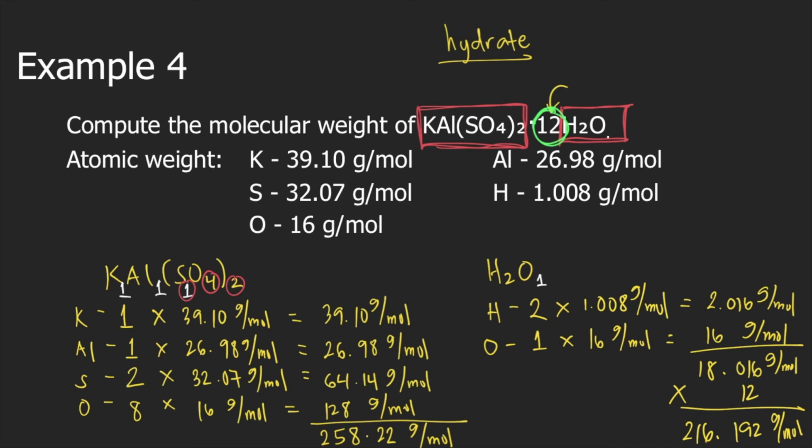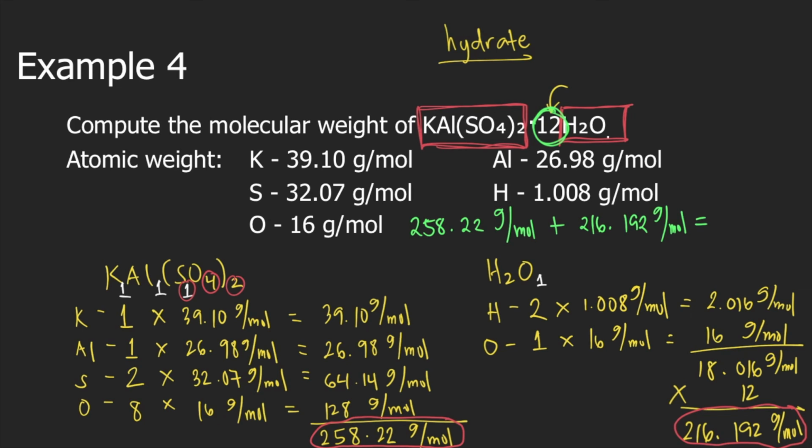And the final step is to add 258.22 grams per mole and 216.192 grams per mole. So let me just write that. 258.22 grams per mole plus 216.192 grams per mole.